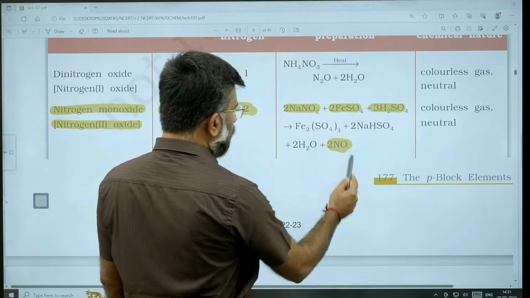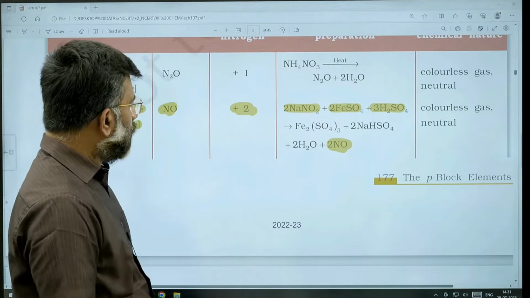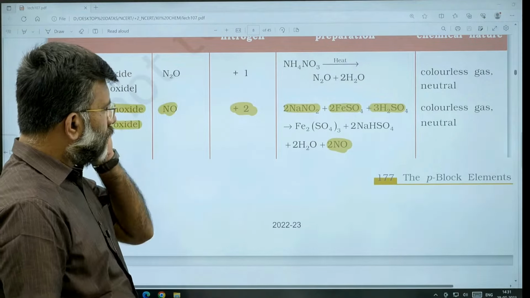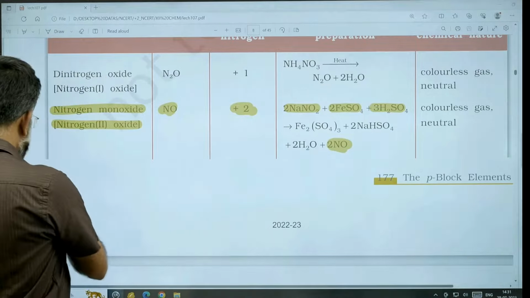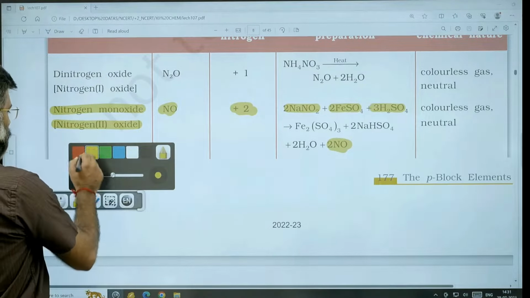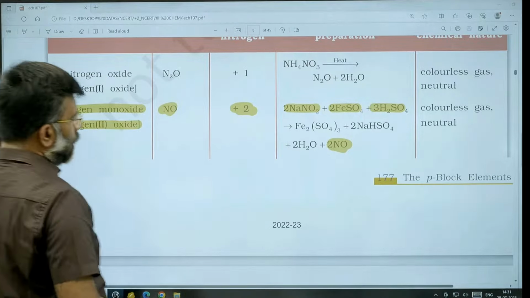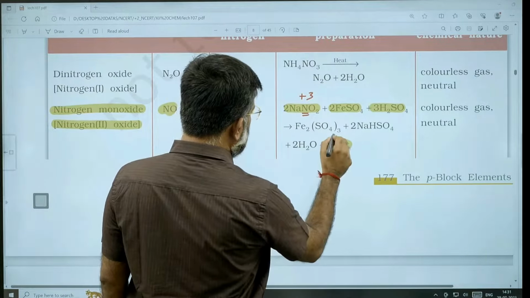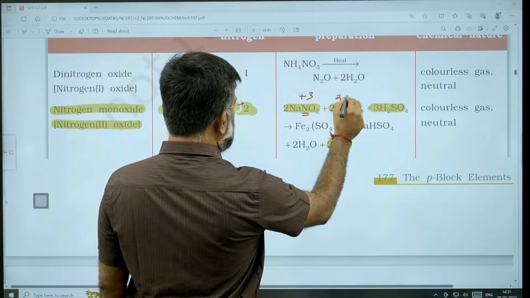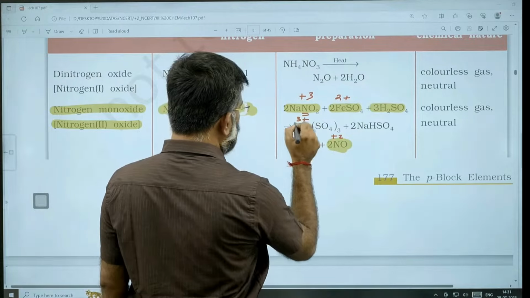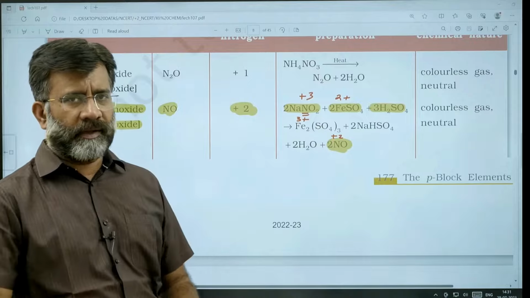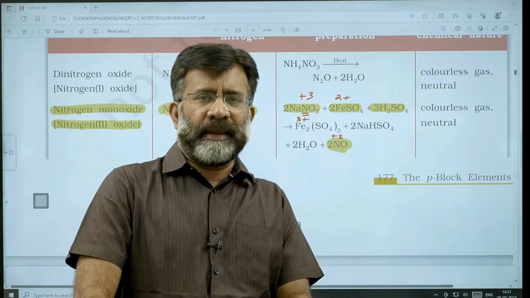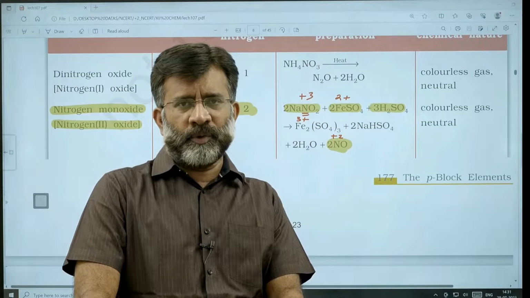You are getting NO gas. It's a redox reaction. You may easily be able to understand, I believe. NaNO2, nitrogen in +3 state, is reduced to +2 state. Ferrous Fe2+ is oxidized to ferric, and nitrite is reduced to NO.